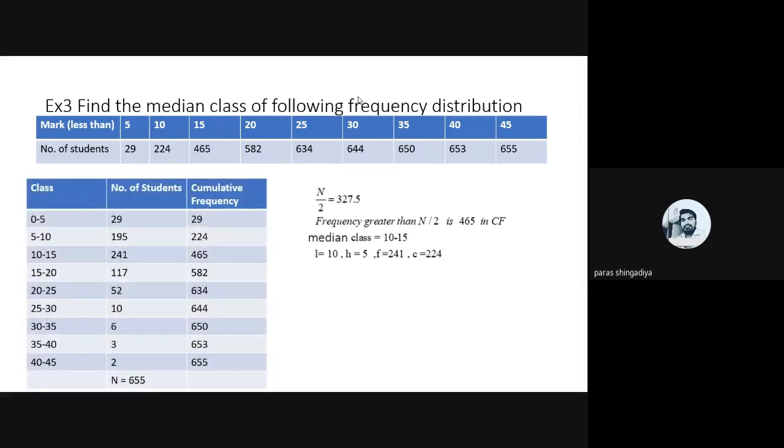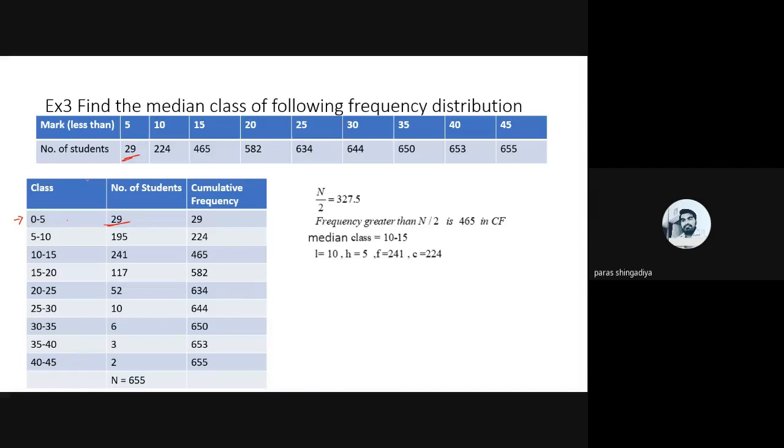Okay, so here the lowest mark will be 0. So we'll start with 0, and the first boundary is up to 5. So 0 to 5 will be our first class interval. Up to 5, 29 students are there. So between 0 to 5, how many students will be there? 29.